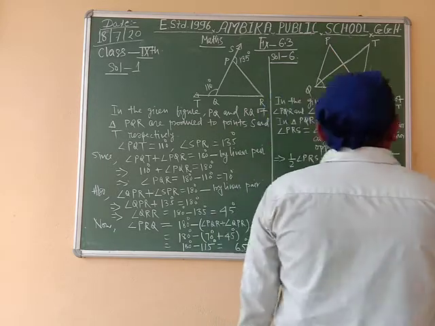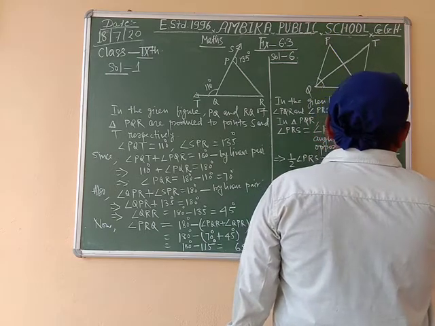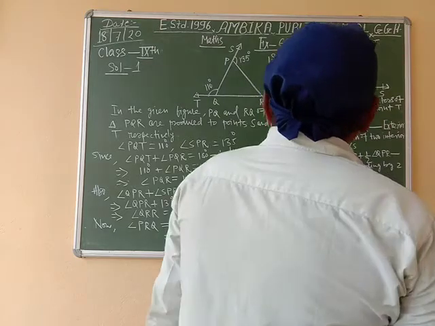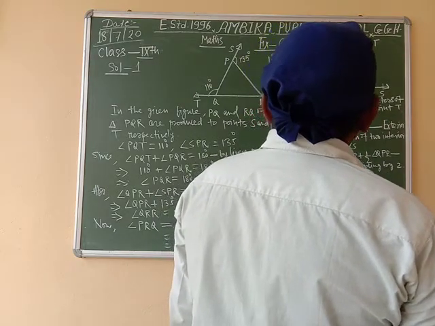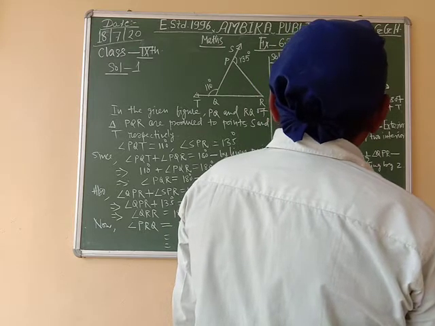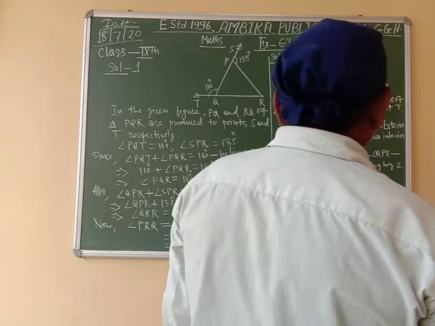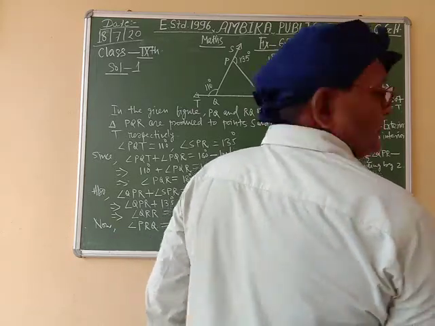Dividing by 2, 1/2 angle PRS is equal to angle TRS.